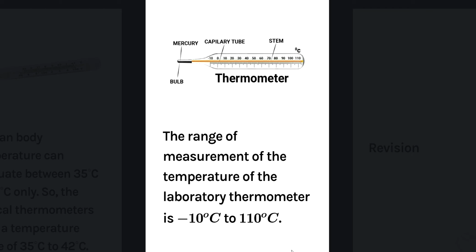So the clinical thermometer has a small range and more sensitivity, whereas the laboratory thermometer has more range and is less sensitive.